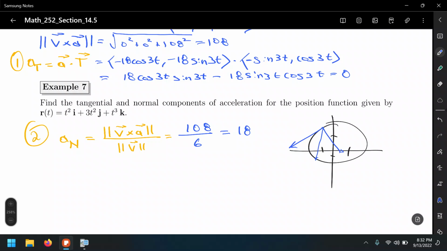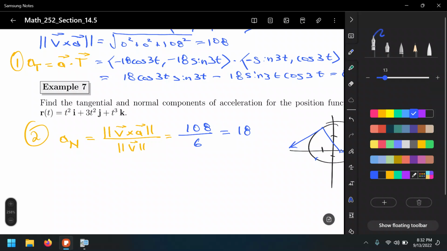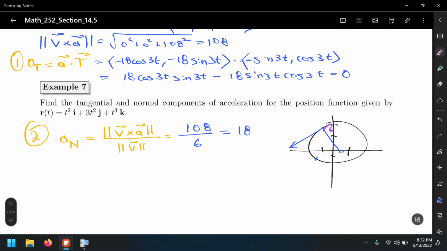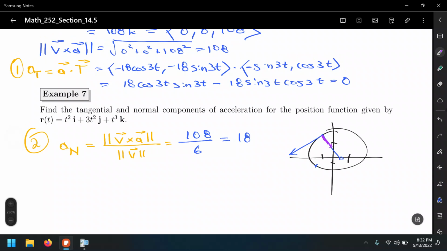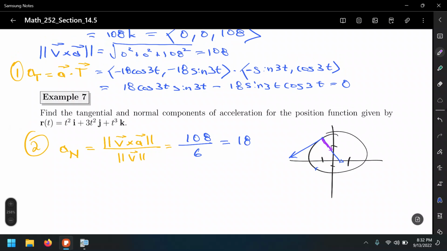Actually, it only moves along the normal direction in this case, which is some 18 units, so to speak. So that's the picture of how this acceleration is broken up into the normal direction and the tangential direction. All right.